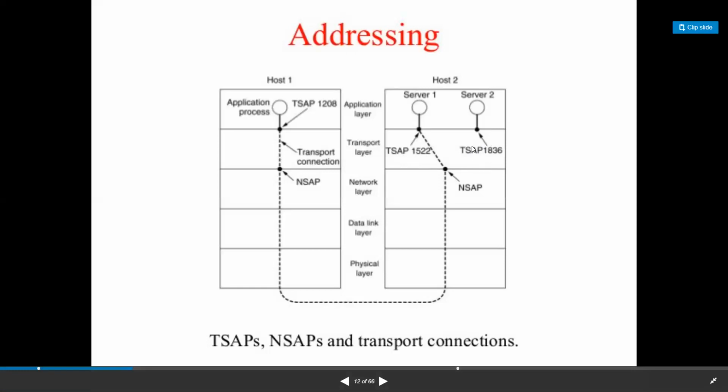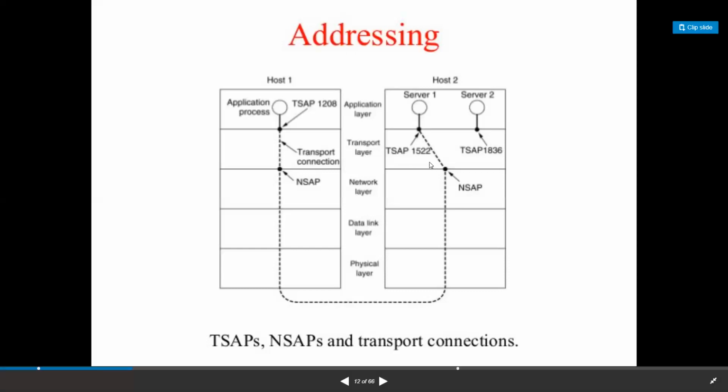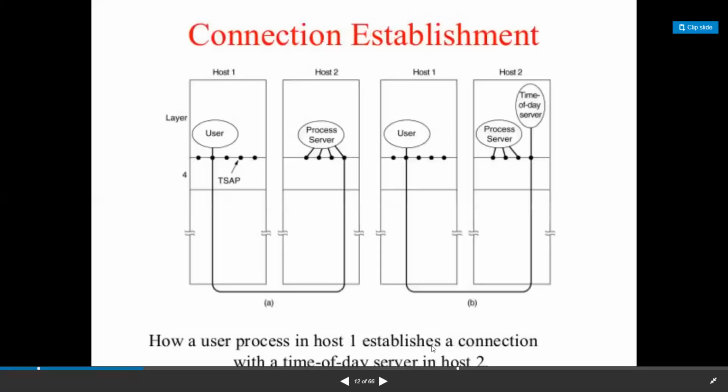NSAP means network service access point, and TSAP means transport service access point. The TSAP is the address of the port at the receiver side transport layer. Okay, these are TSAPs, NSAPs and transport connections.